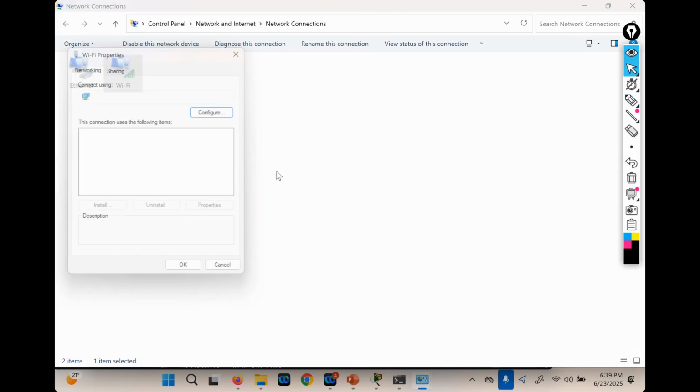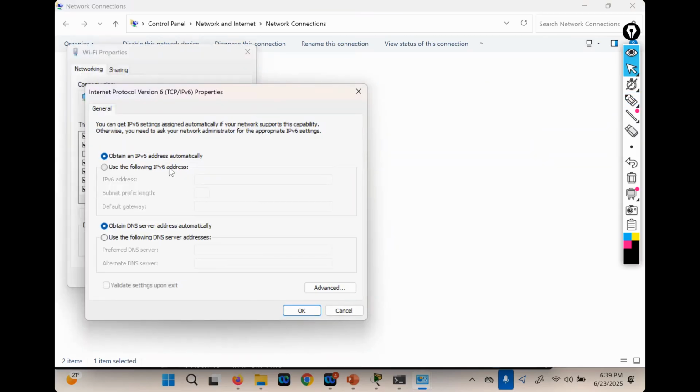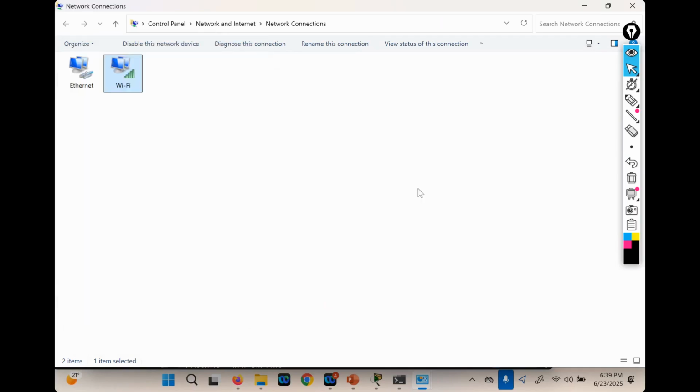I don't want to tamper with the IPv4. I say use the following IPv6 address. So I will put an IPv6 address here. Look at it here. Put the prefix length here. And I'll put the default gateway here. And then if I have any good DNS server that is available, I'll put the DNS server and I will say OK. But I don't want to do that. So I will still leave these settings on: go and get an IPv6 address from any DHCP server you can find out there.